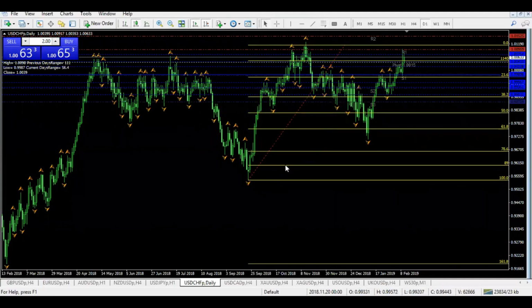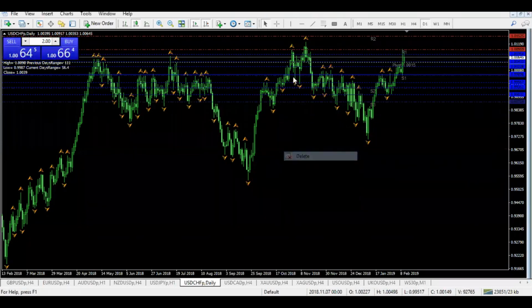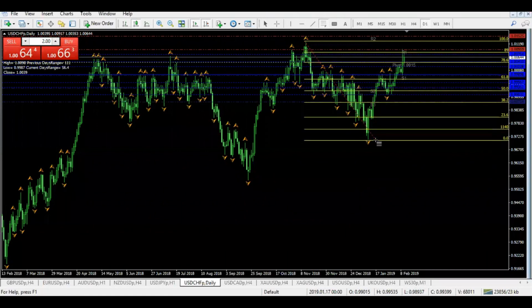Let me tell you something here. You have drawn Fibonacci from here to here, but this has had its drops, so you would know that this Fibonacci has been performed. So what would it be? It's the high on top to the high on the bottom.